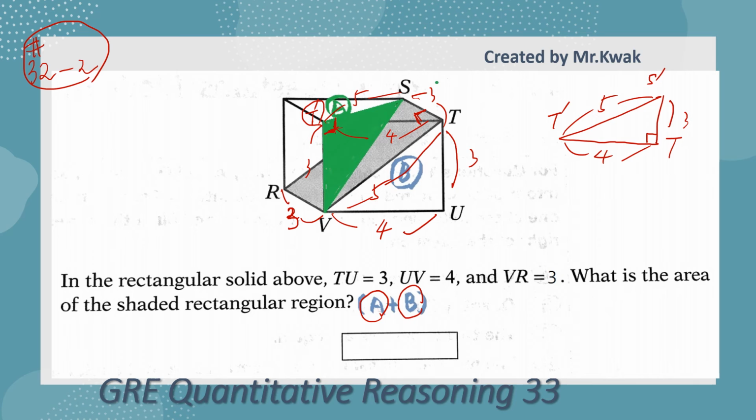Is that correct? Yes, right. And then, in a different way, we can also draw like this way. T prime S V. The line is 3, 4. I'm sorry. This part is a 5.